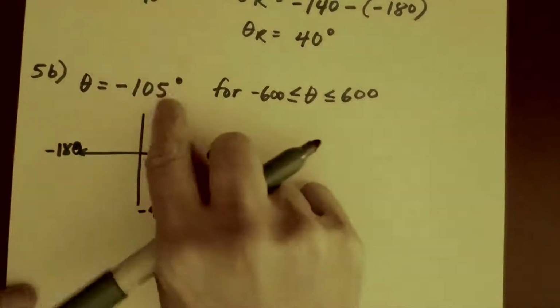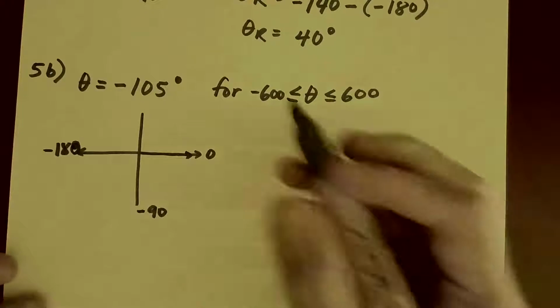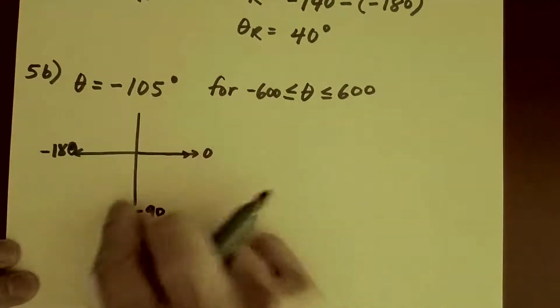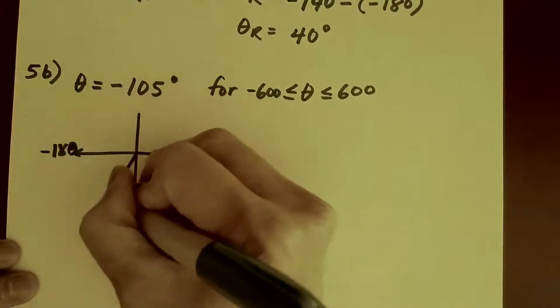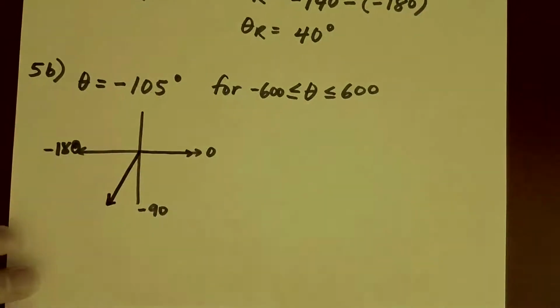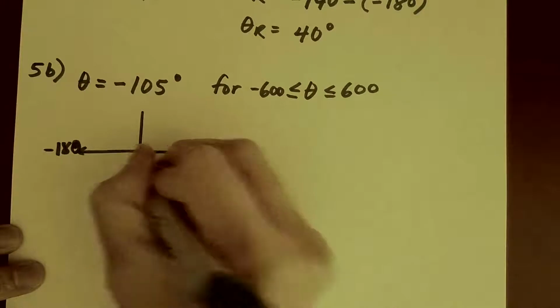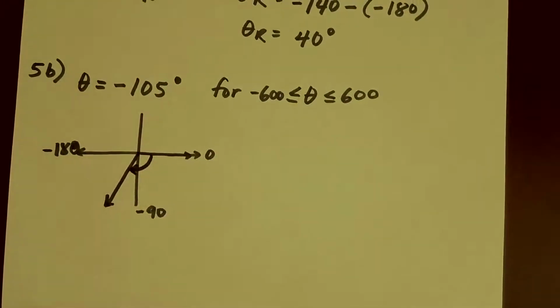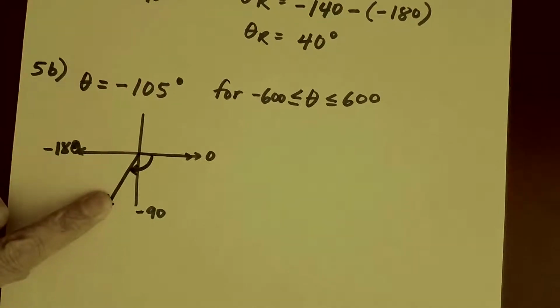So where is negative 105 degrees? It's going to be closer to negative 90, somewhere over here. So this is negative 105 degrees.